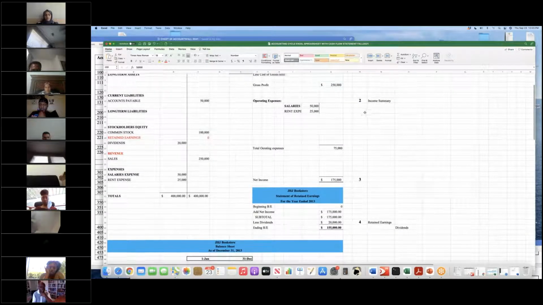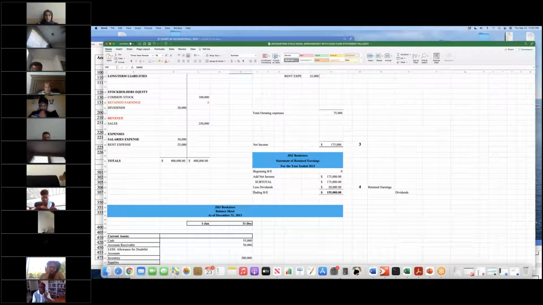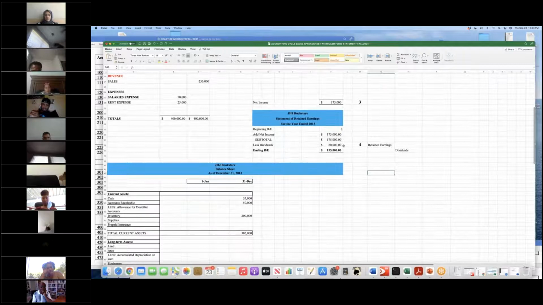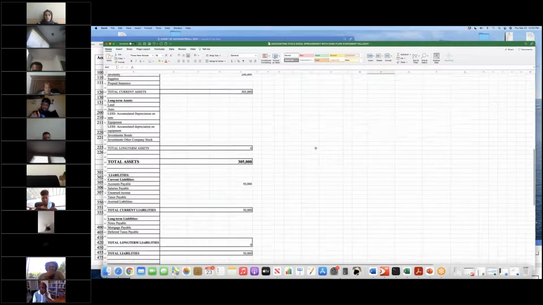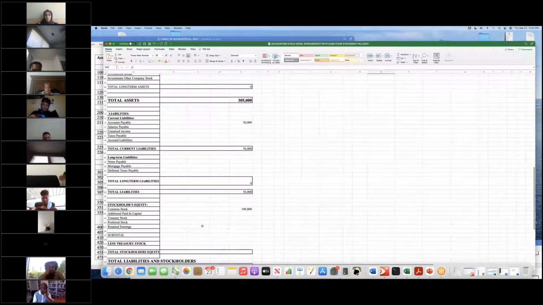Let's go to the statement of retained earnings. We begin your retained earnings at 0. But now we have an ending retained earnings of 155,000. When I prepare the balance sheet, whatever the ending retained earnings is, not the beginning one, 0 in this case, I have to put that on the balance sheet.